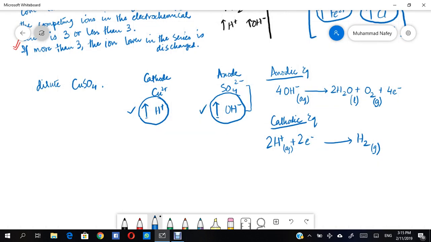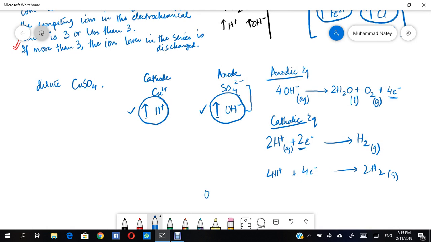Now coming to the overall equation. For the overall equation, the rule was that we balance the electrons. For this reason, we'll have to multiply the cathodic equation by 2 so that we can get 4 electrons. And what happens is we have 4H⁺ + 4e⁻ giving us 2 molecules of hydrogen gas.